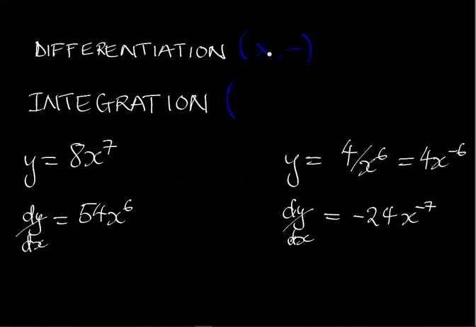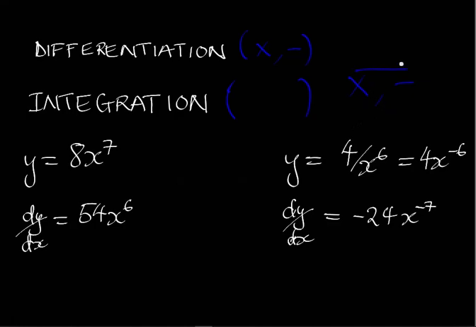Remember, we multiplied, then we subtracted. What did we multiply? I think we multiplied a and n, right? And then we subtracted what? We subtracted 1 from the power. So what if we did these processes in reverse? Notice here, when I multiply, I subtract.